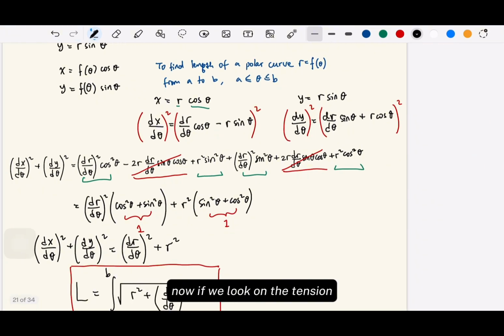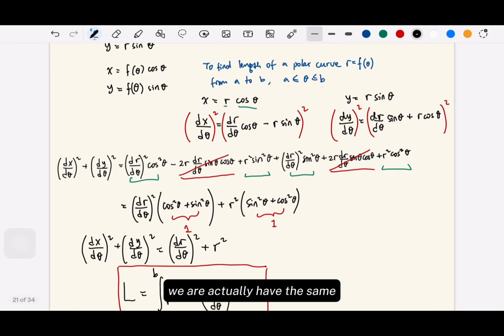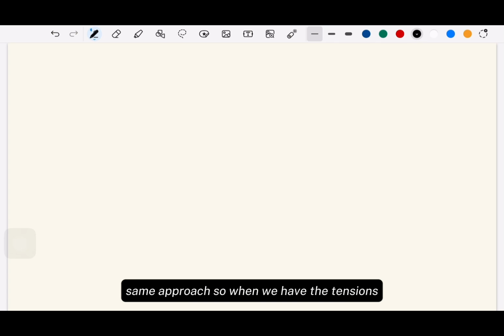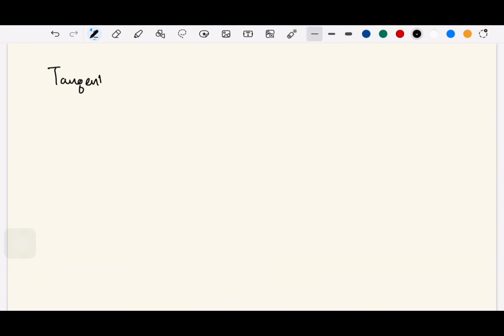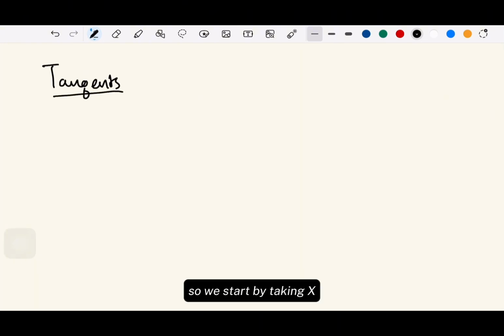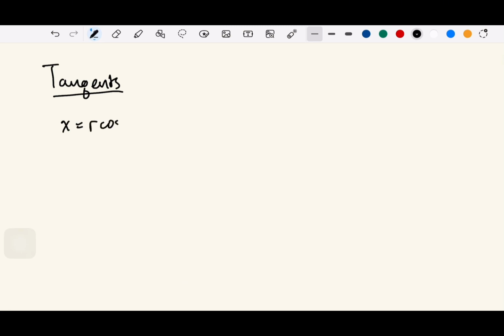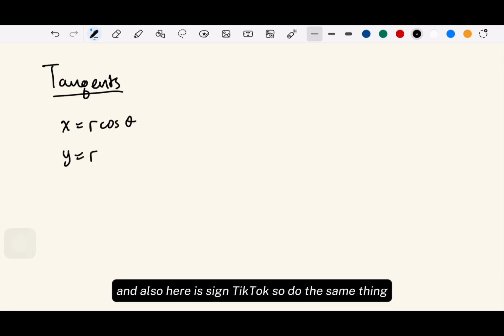Now if you look at the tangent, we actually have the same approach. So when we have the tangent, we start by taking x, and then also here the sine theta.